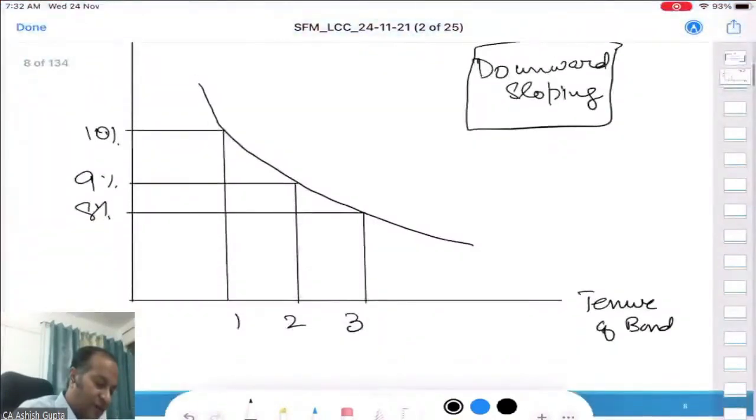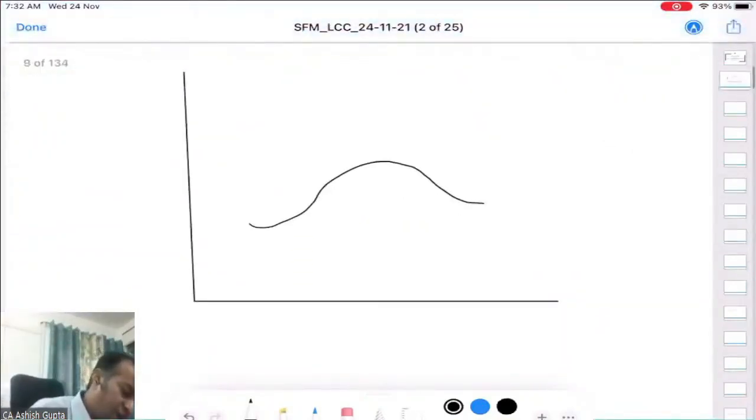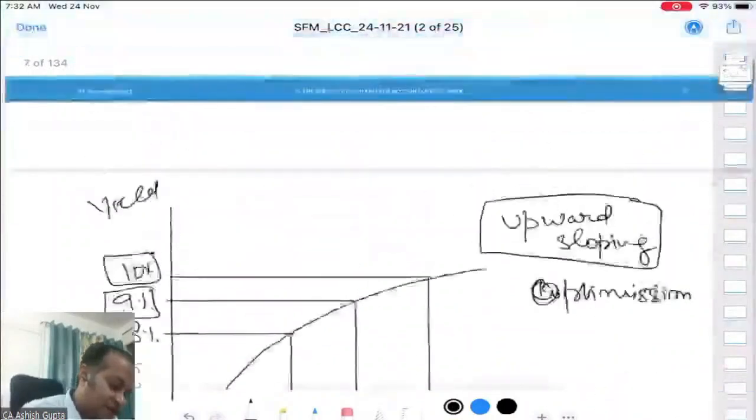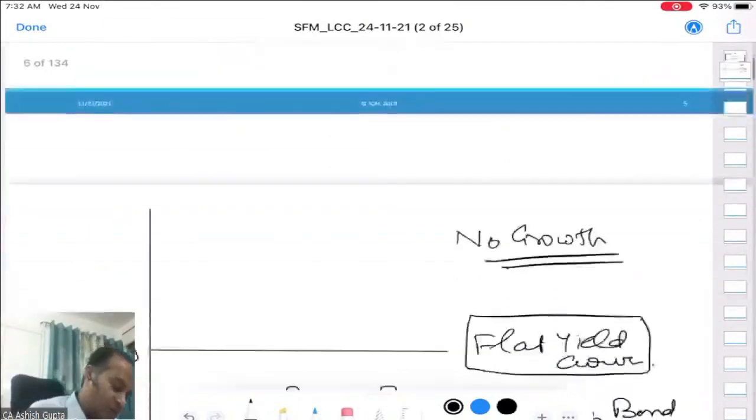In the case of downward sloping, there is pessimism in the economic situation, because people are not sure about what the future rate will be. That's why they do not want to invest in the long term. They want to invest in the short term. It is a kind of uncertain situation. So this analysis of the yield curve is used for economic analysis as well as for the valuation of a bond.